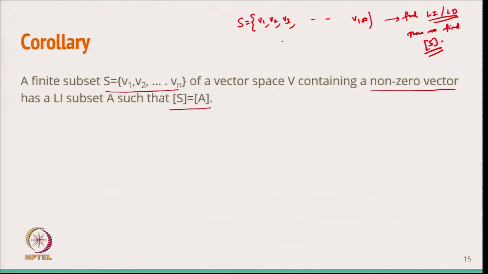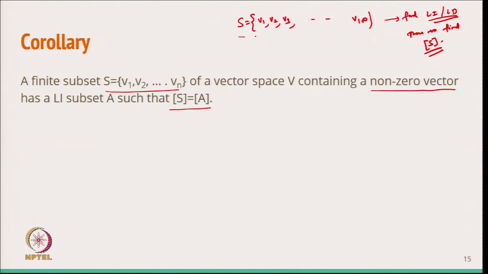So, then what we can do is remove from this set those vectors which are making this set S linearly dependent, because we know that if I remove an element which is also a linear combination of the previous ones, as we have already done in the theorem, then we can remove those vectors, and the span of S will be equivalent to the span of that set.